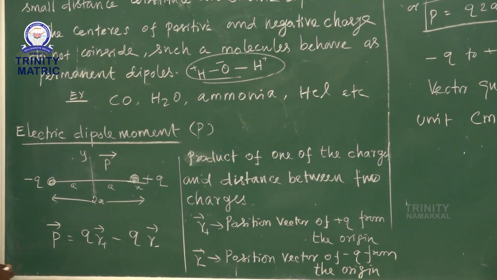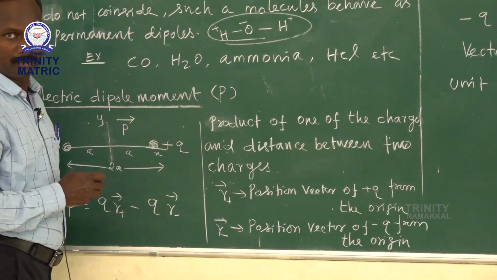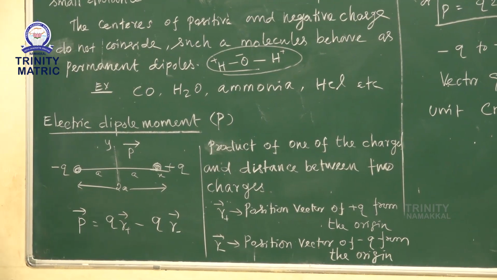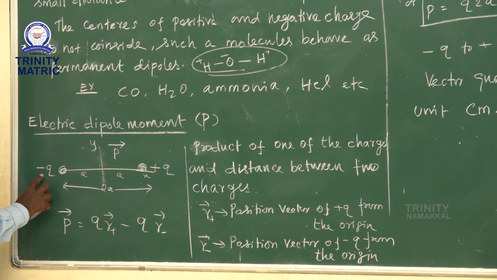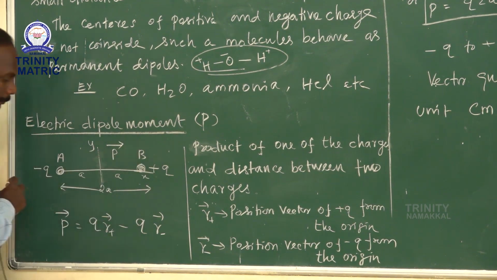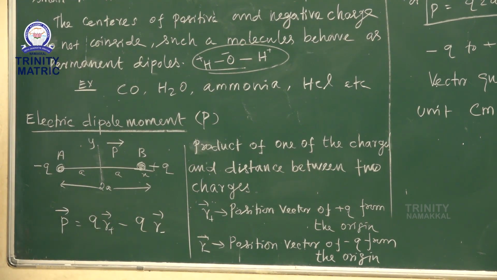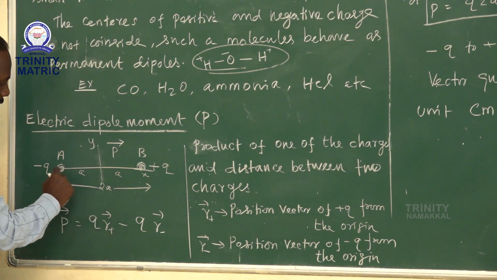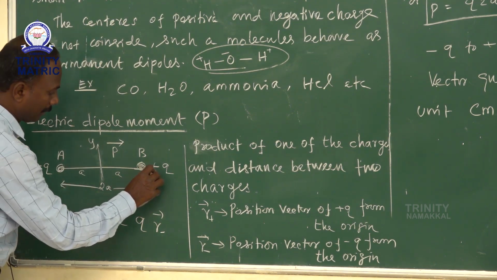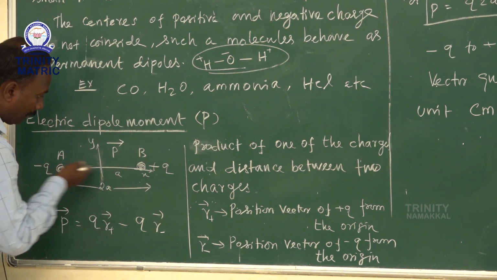Now another one related to the electric dipole is the electric dipole moment, which is always represented by P. See here, negative charge at point A and positive charge at point B. The distance between these two charges is 2A, and the minus q and the plus q are along the x direction.